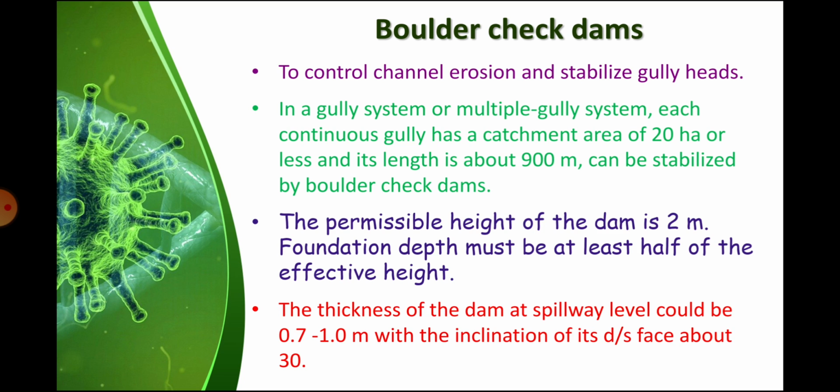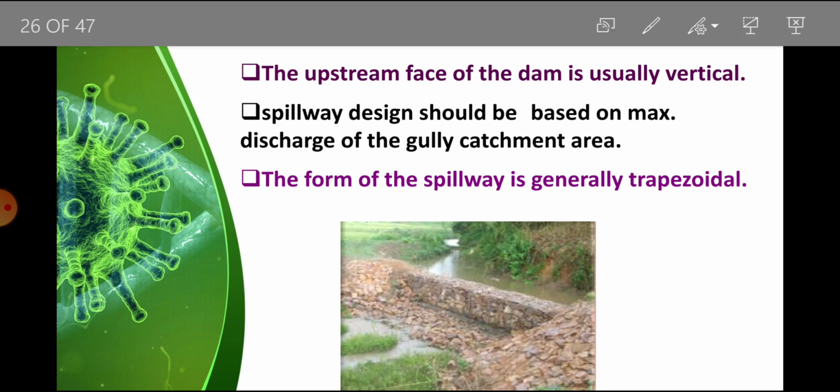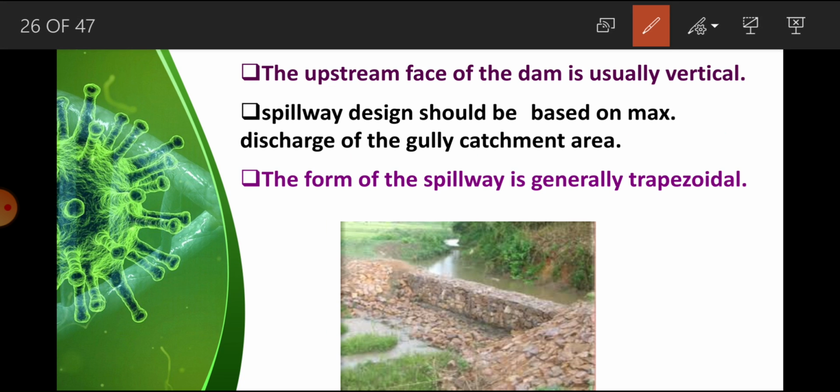The permissible height of such dams is about 2 meters, and for stability you have to create a trench at the bottom, about 0.5 meter or so, so that we can provide a stable boulder check dam against the flow of runoff.